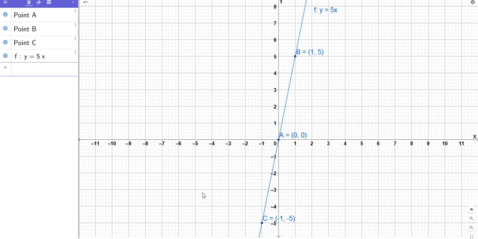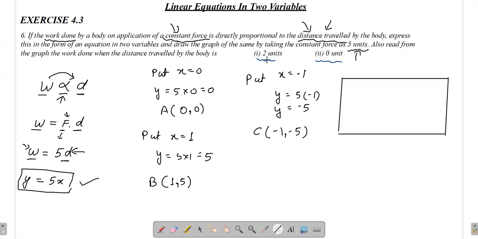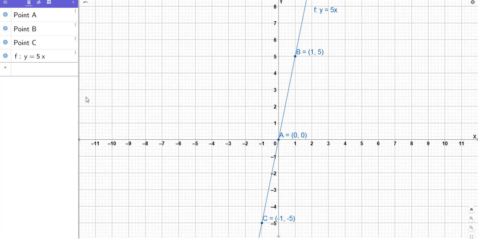You all are well versed with it now, but still the question is not completed. The question says, from the graph, find the work done when the distance traveled by the body is 2 unit and then 0 unit. So we have shown the distance traveled as x, that means on horizontal axis.